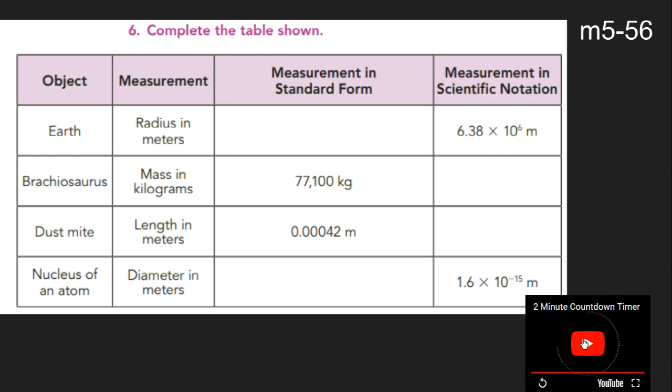Okay guys, now that your time is up, we're going to partner share this. So partner number 1 has the first 2 blanks, partner number 2 has the second 2 blanks to finish up our practice.